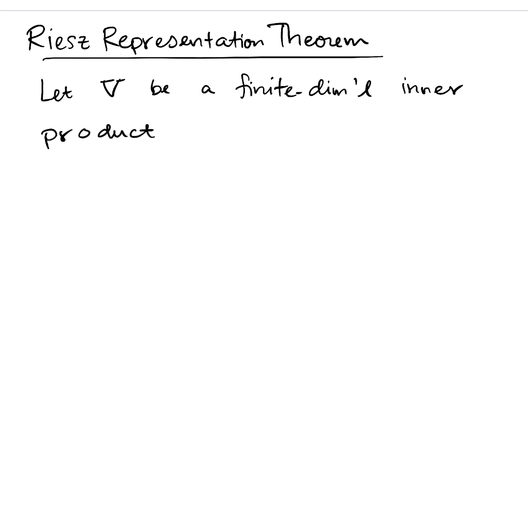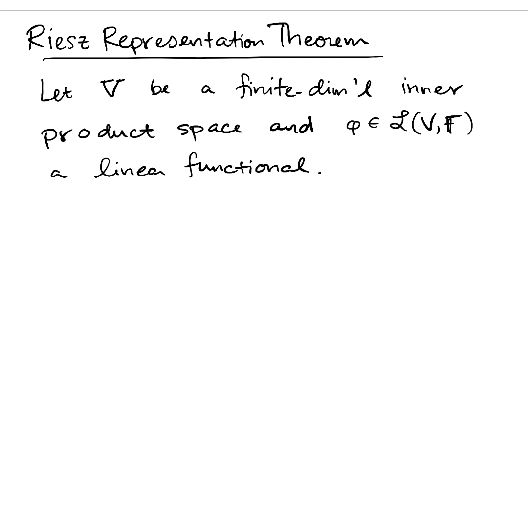So this is just a vector space that happens to have a working inner product on it. And phi belonging to linear maps from V into the underlying scalar field, a linear functional. That's it. We know nothing specific about these.